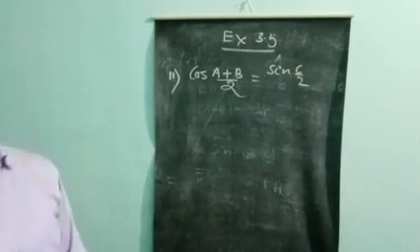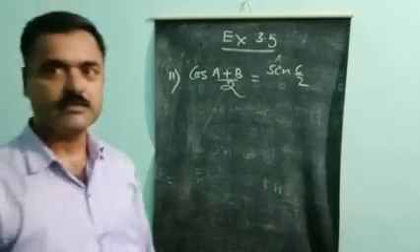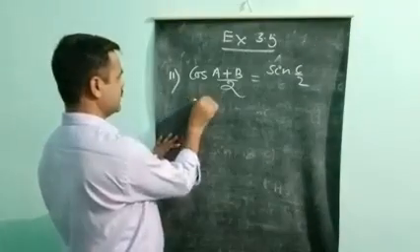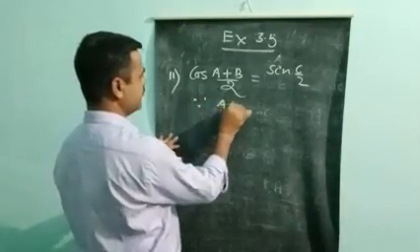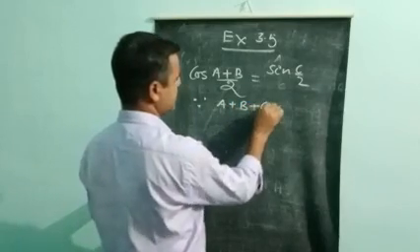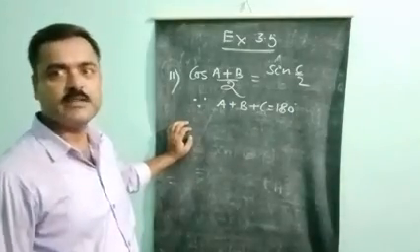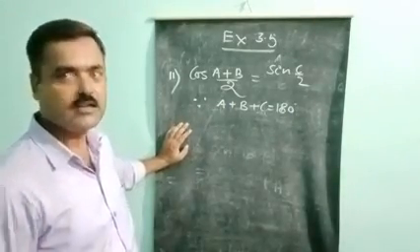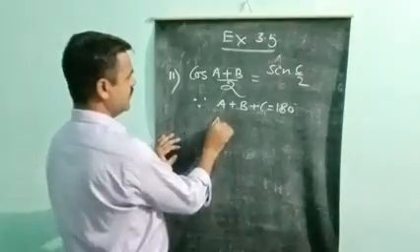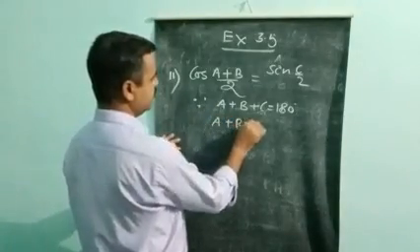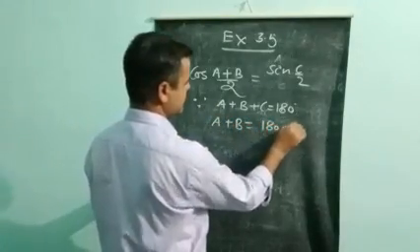Since A plus B plus C equals 180 degrees, everyone knows A plus B plus C equals 180 degrees, then A plus B equals 180 minus C.